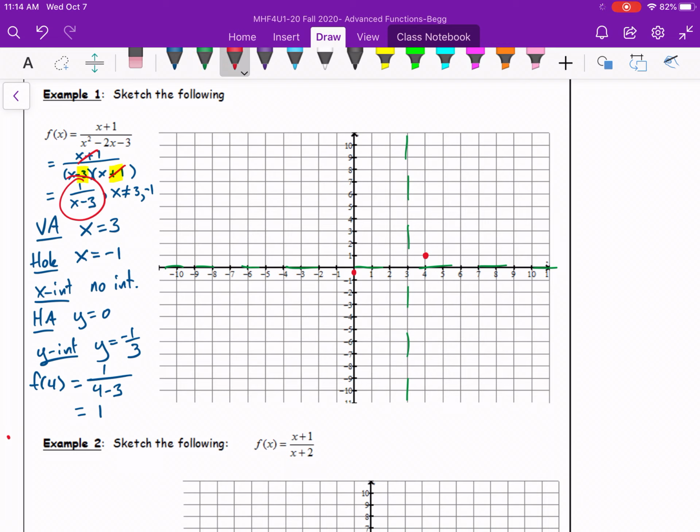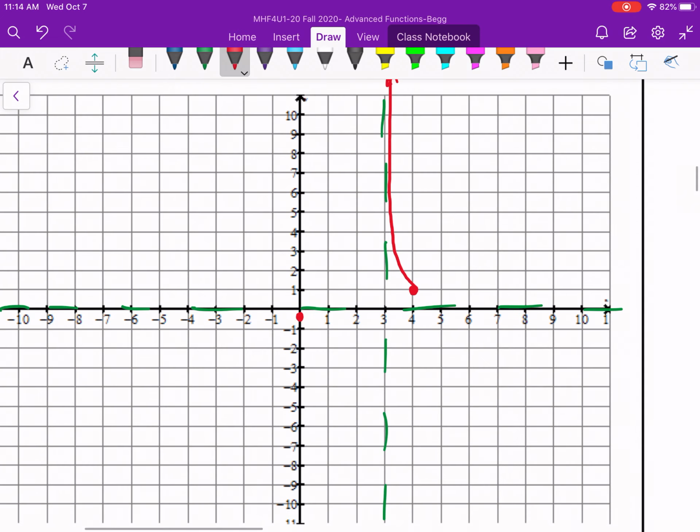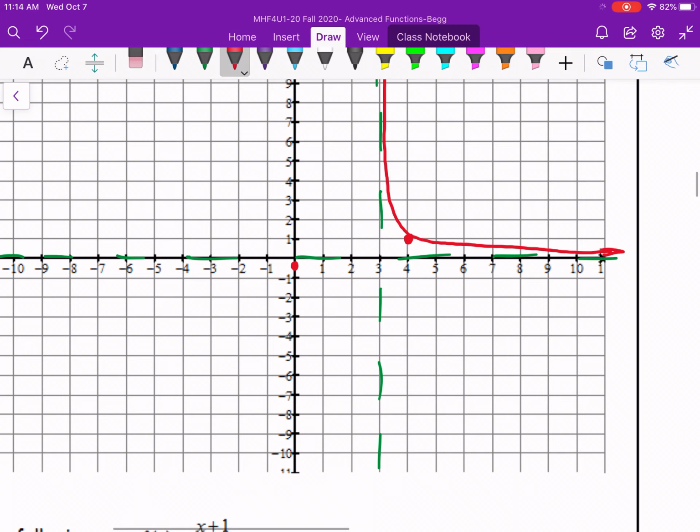All right, so putting it all together, vertical asymptote, we're going to get closer and closer to that. Horizontal asymptote, we're going to come down, but we're not going to cross it in this case. Starting with the point I have for the y-intercept, then I would expect that the graph's going to go something like this. And it's not perfect here, but it's close, right? We're just drawing a sketch.